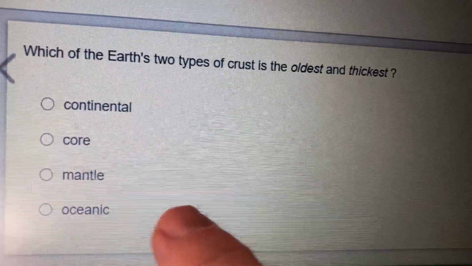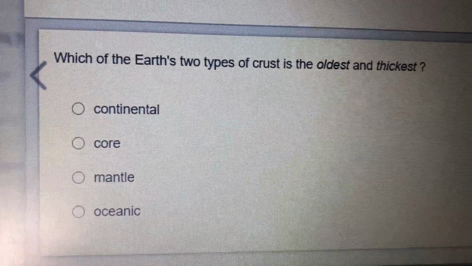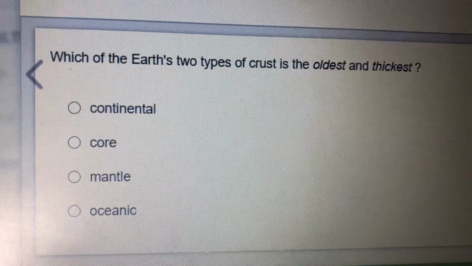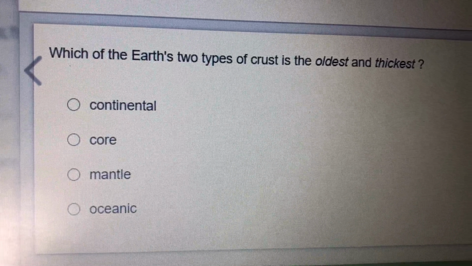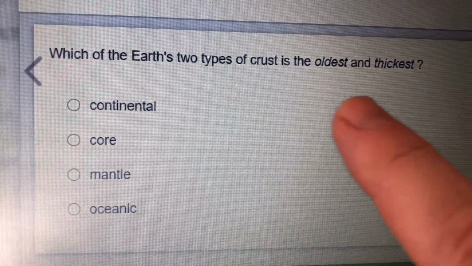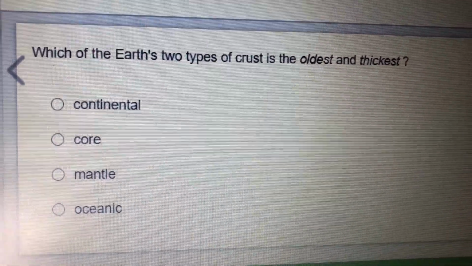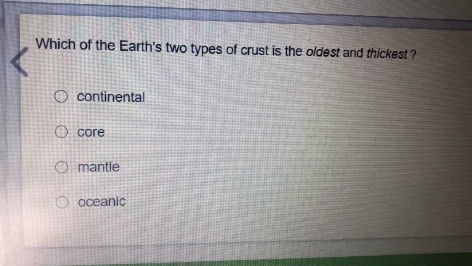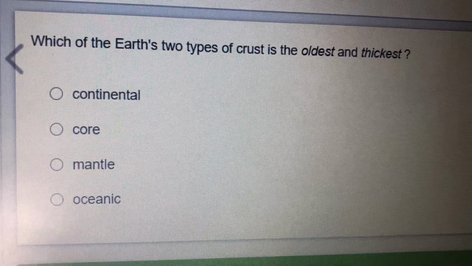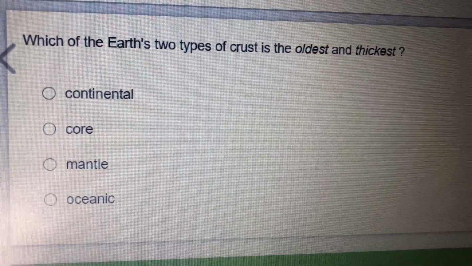And you have to be careful here, because it's not asking which is the earth's thickest layer. It's which of two types of crust is the oldest and thickest. What do you think?